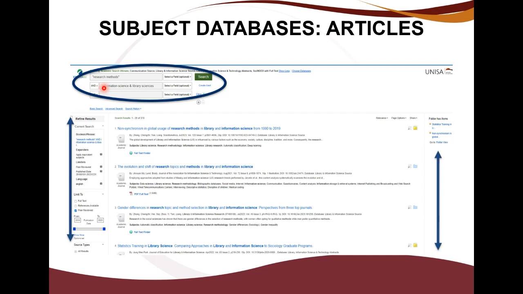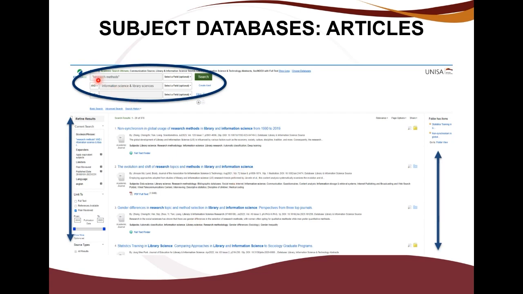So when you do the article search, it's not like when you do the book searching. Here you have to put it in quotes so that you limit according to research methods, and you want all these terms to appear next to one another.